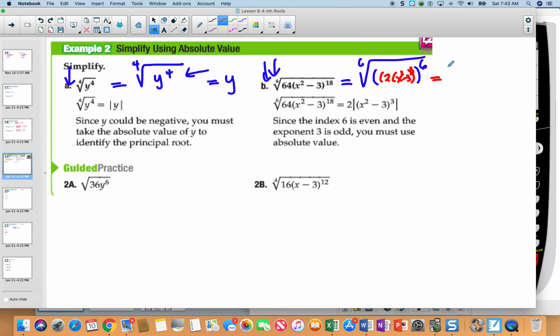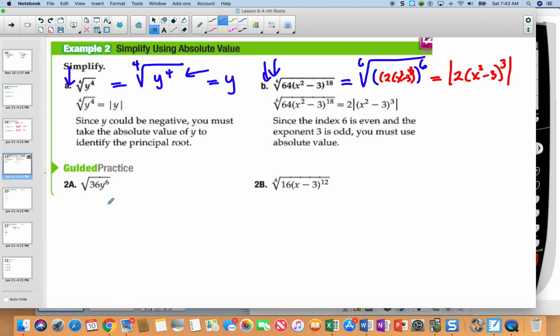Now, if you're not being careful, you would think the answer is 2x squared minus 3 to the third power. Unfortunately, something to the third power could still be a negative number, and we have to assure ourselves we're going to get a positive number. So you must make it positive. Now, you don't have to have the 2 inside. If you have it inside, that's fine. If you want to move the 2 outside, it's okay too.